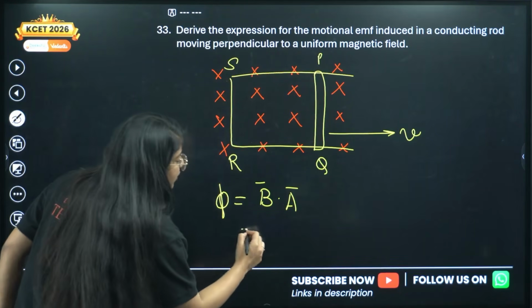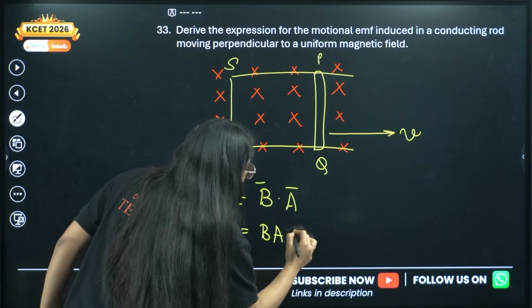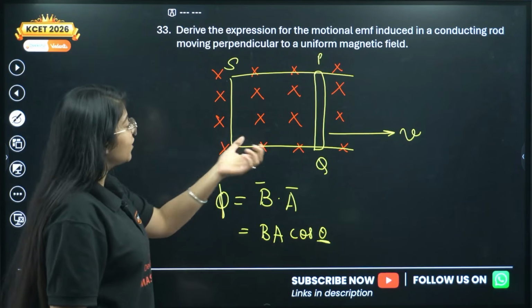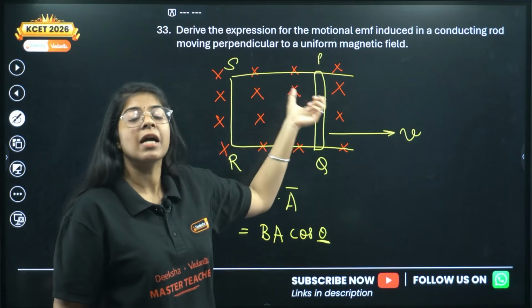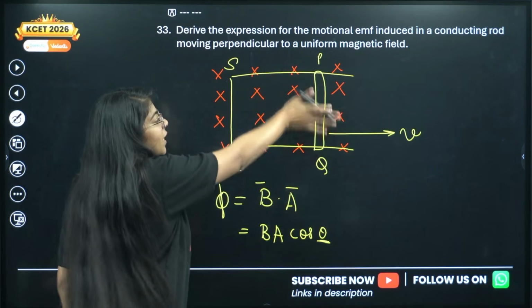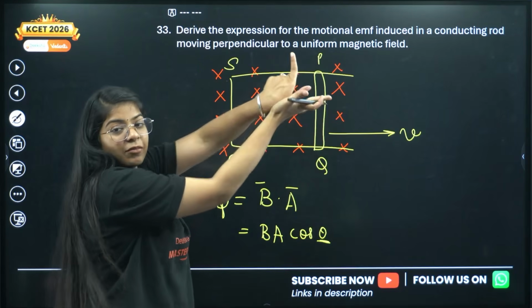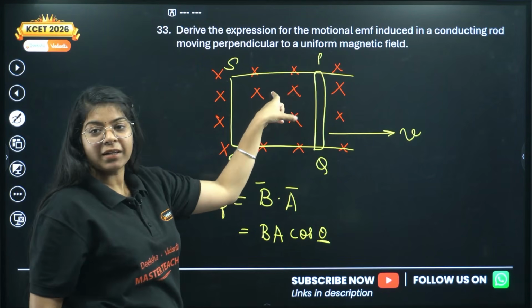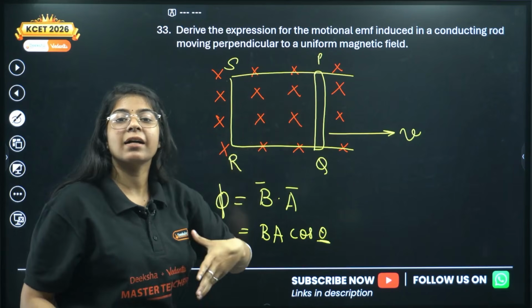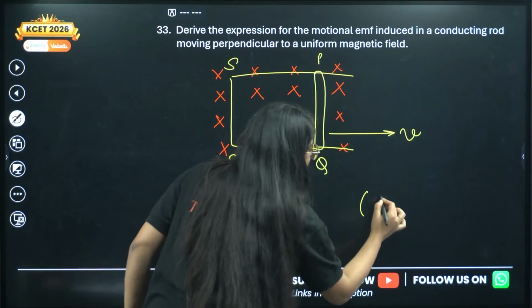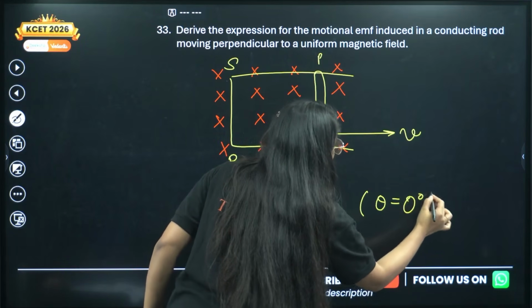So this is just BA cos theta. This theta is the angle between the magnetic field and the normal to the area. The normal to this area will be inside, in the direction of the magnetic field. So theta will be 0 degrees.